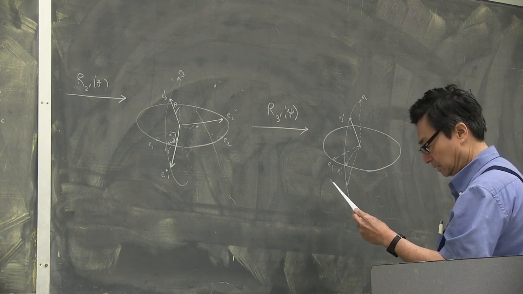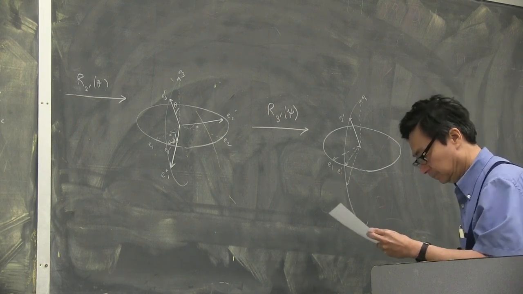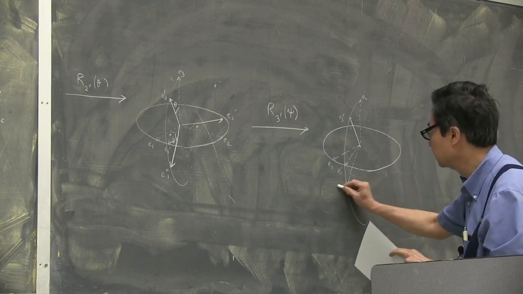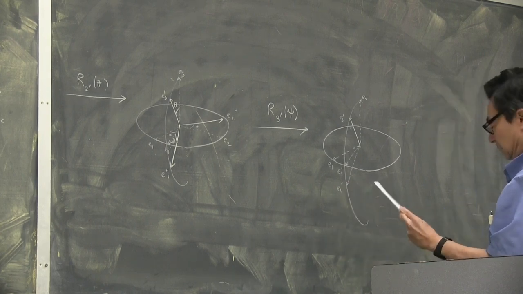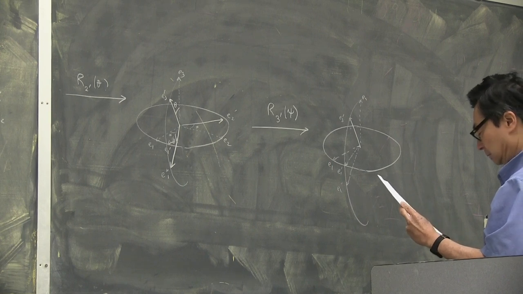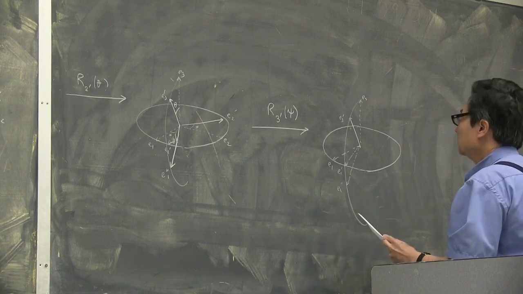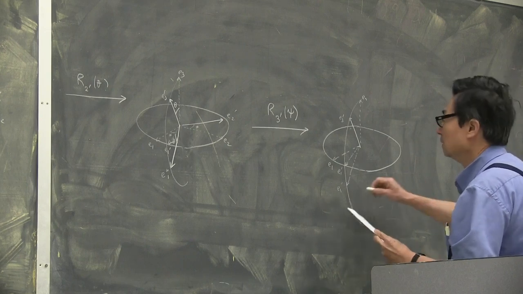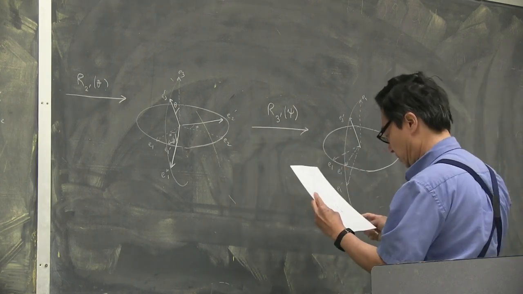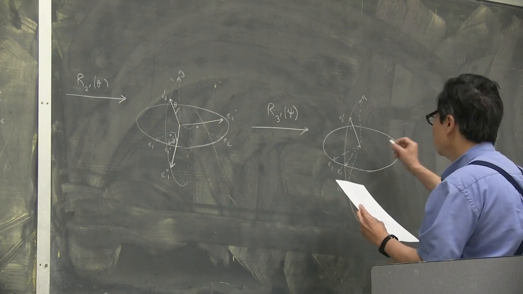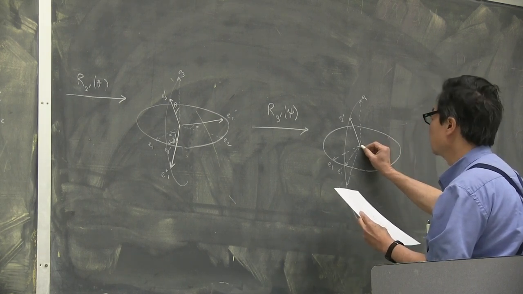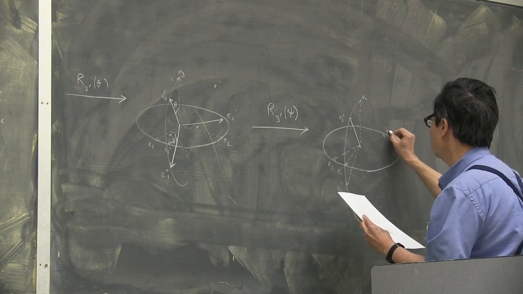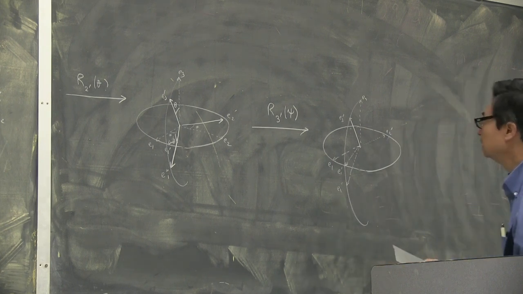The E2 prime is this one in here. Let me draw this as a dotted line now. This is E2 prime.